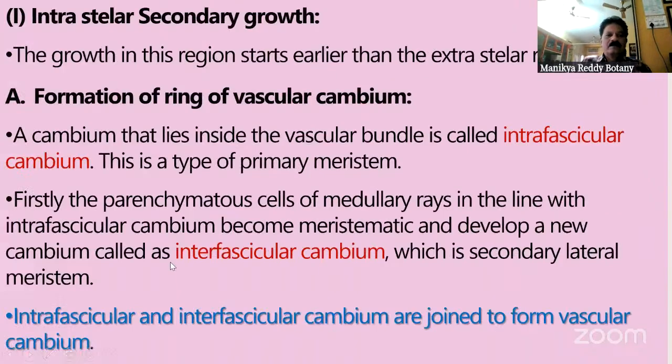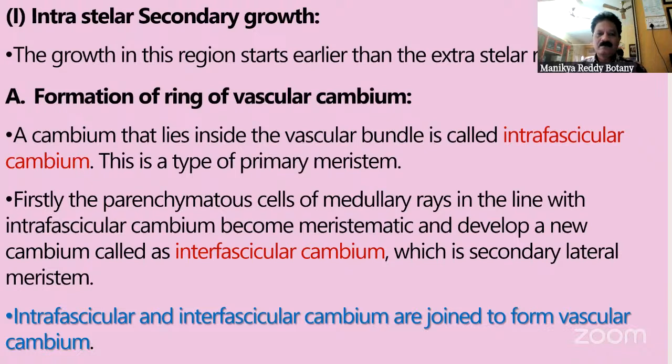The growth in this region starts earlier, where intrastellar secondary growth starts in the initial stage. A cambium that lies inside the vascular bundle is called intrafascicular cambium. This is a primary meristem, as we have already discussed. A strip of cambium already exists in dicot vascular bundles. That's why they are open type vascular bundles, with a strip of cambium between xylem and phloem.